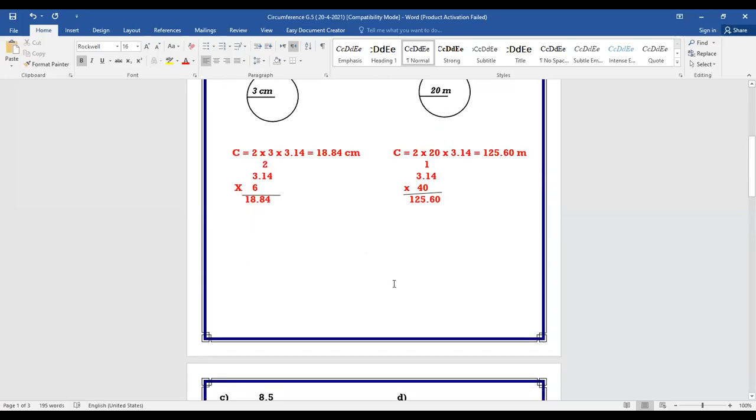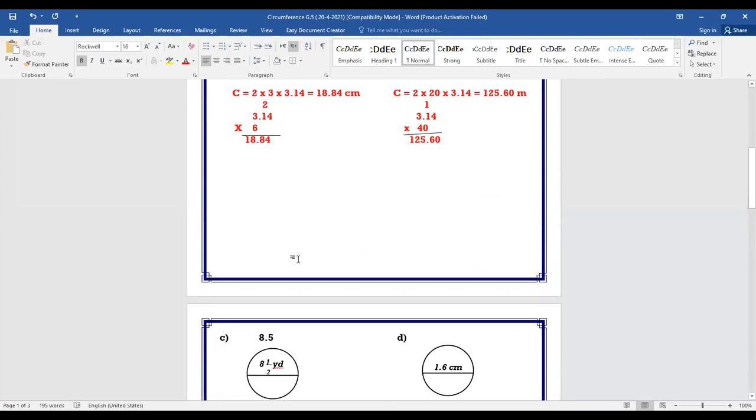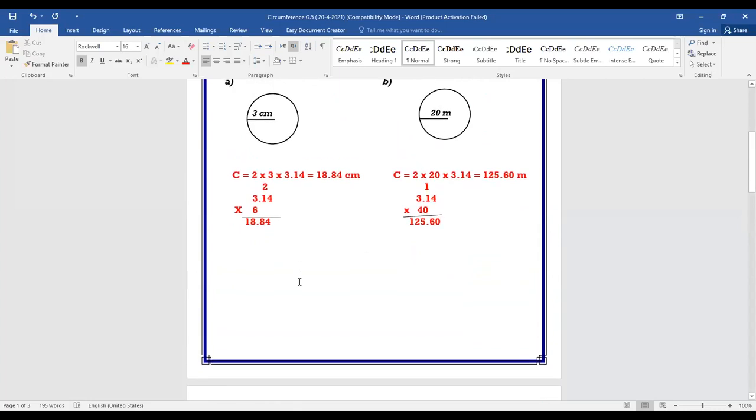Mr., the radius multiply 2 multiply radius multiply 3.14. It depends on the length of the radius. For example, if the length of the radius is 4 you multiply 2 by 4 by 3.14.